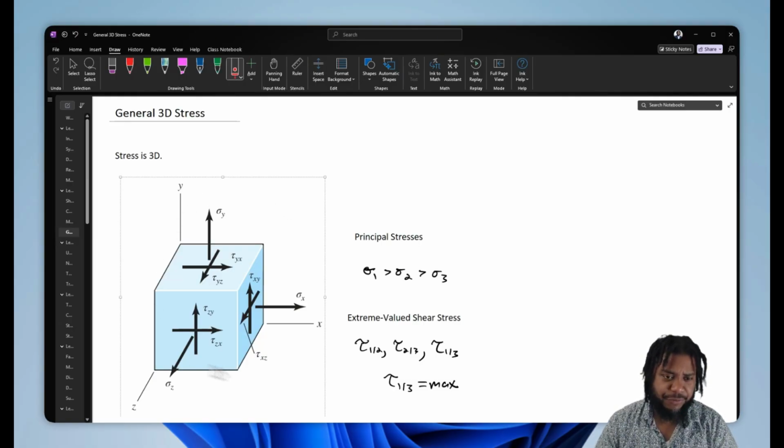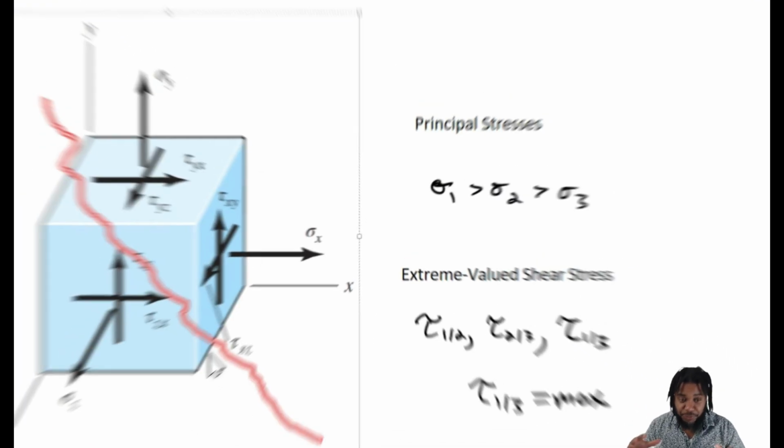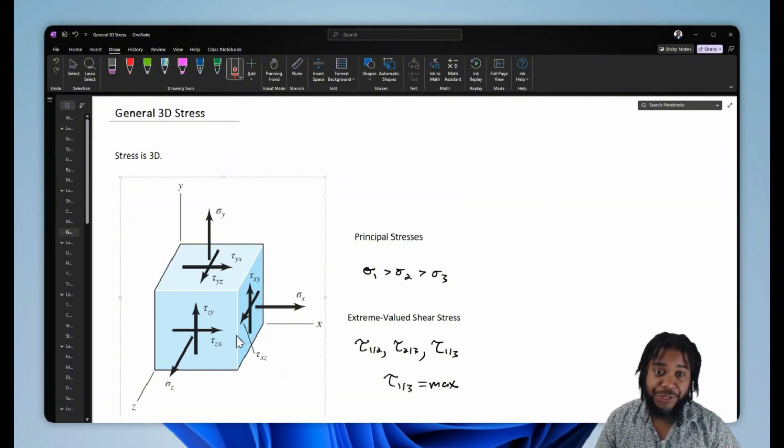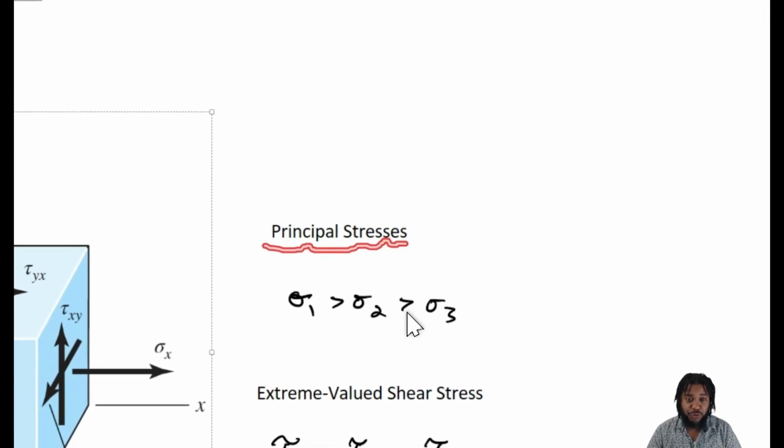Now, this general state of stress has 6 terms, but we also could take that general state of stress and find an orientation to section that 3D stress element where the normal stresses are maximized, meaning we find the principal stresses.